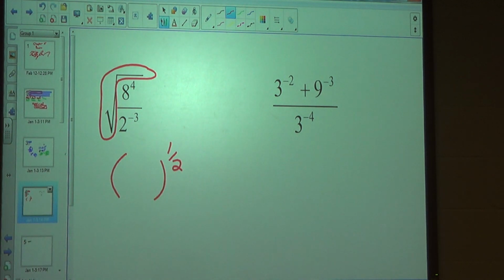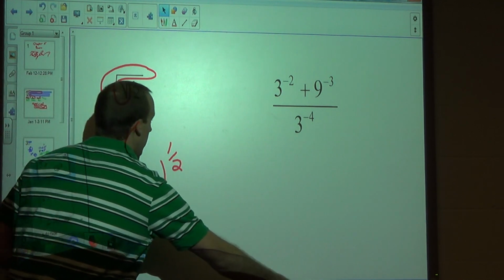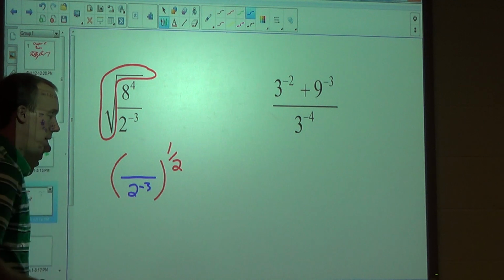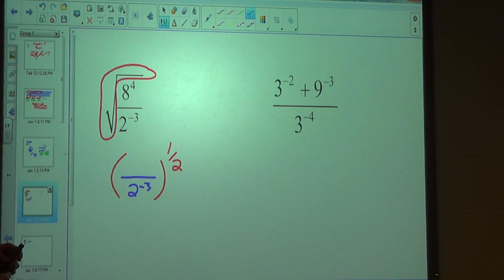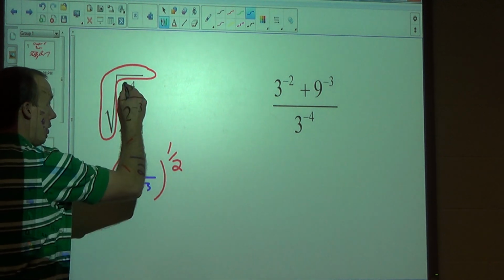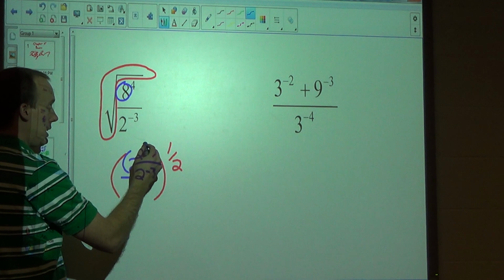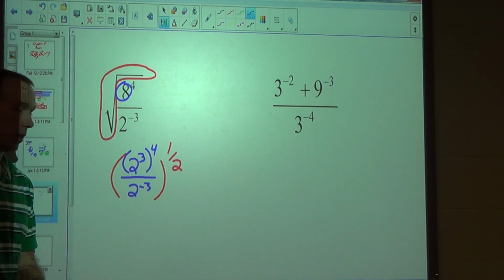So square root is the half power. Okay, and then I'll work on the inside right now. If 2 is my base, do I need to change this one on the bottom? No. Let's do the top though. So what would 8 turn into? Cube. So 8 is gonna turn into 2 cubed to the what power still? 4. To the 4.